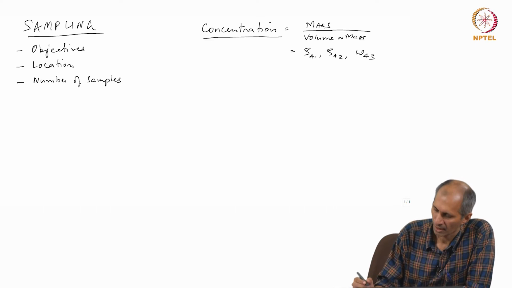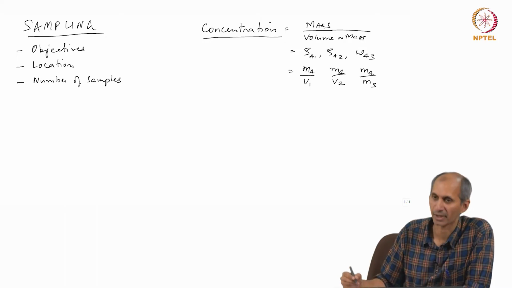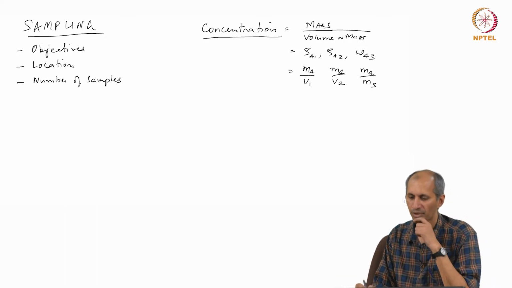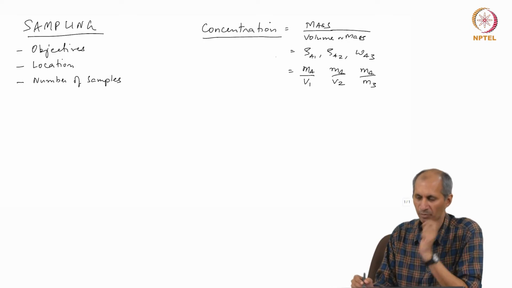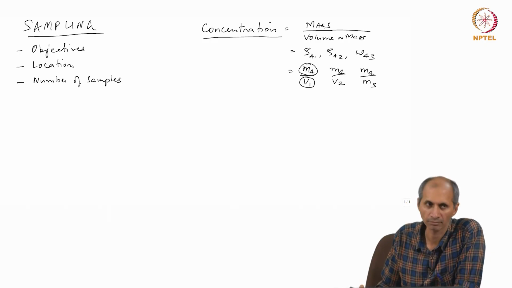So, you are interested in getting mass over some volume of air, mass over some volume of water, and mass over some volume of solid. If this is the information we want, we need this and this.